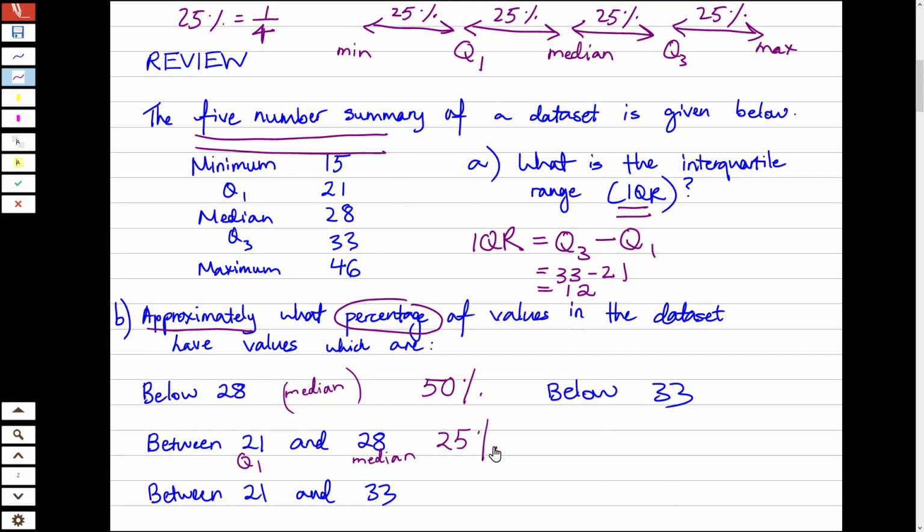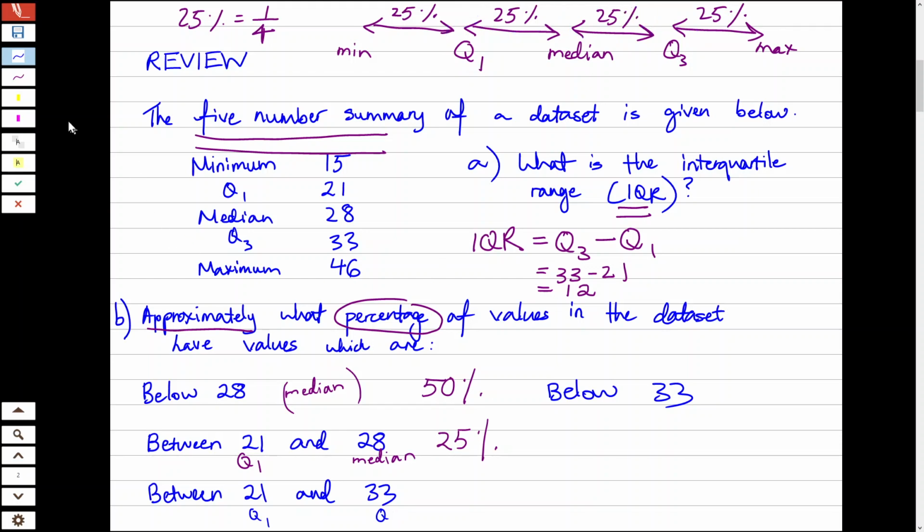You starting to get this now, or have I still lost you? Okay, so 21 is Q1, 33 is Q3. So now I'm looking at what's between Q1 and Q3. 50%. That's right. I've got two 25% in between Q1 and Q3. So the answer is 50%.